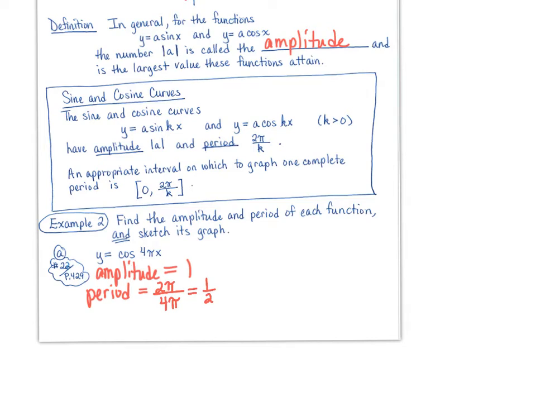One complete period begins at 0 and ends at 1 half. Do you need me to write that or you got it? One complete period begins at 0 and ends at 1 half.